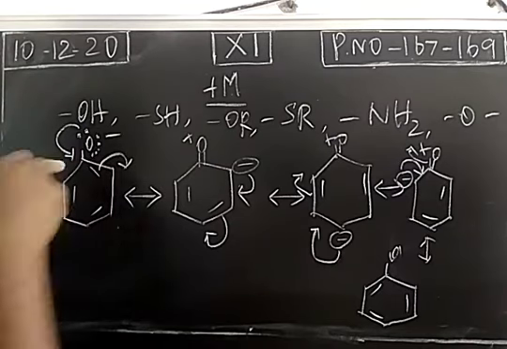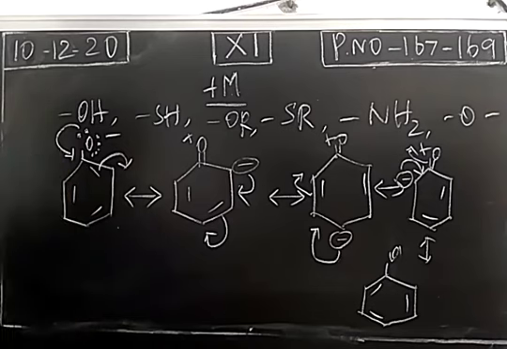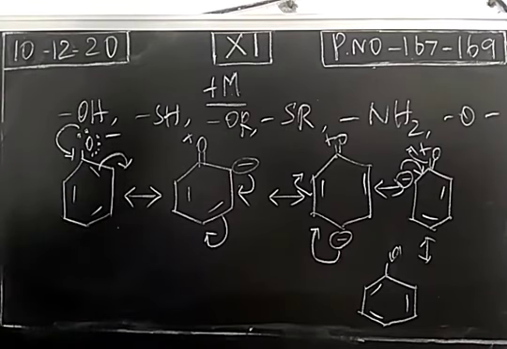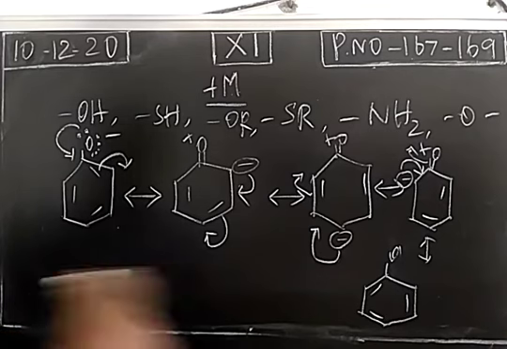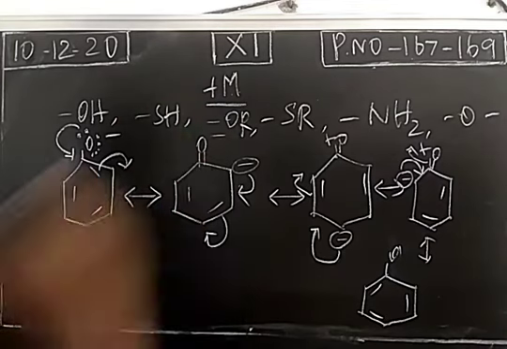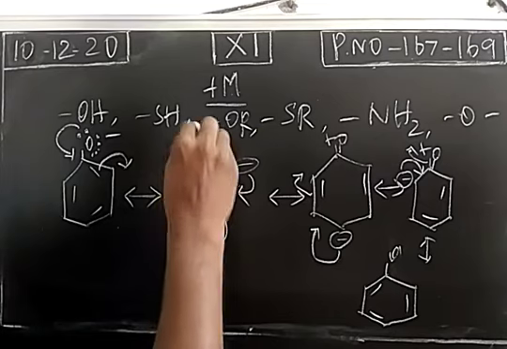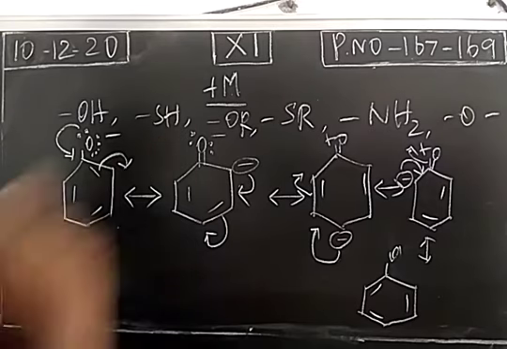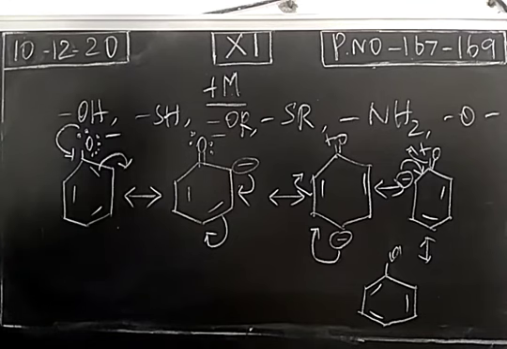In the phenoxide ion, a lone pair of electrons is involved in delocalization, so that out of 3 lone pairs of electrons present on oxygen, 2 lone pairs remain, and one is involved in the delocalization.